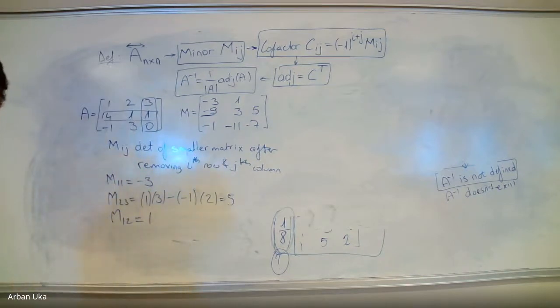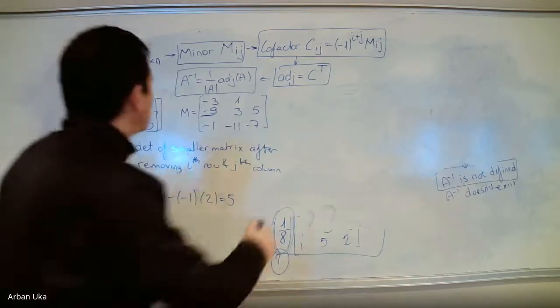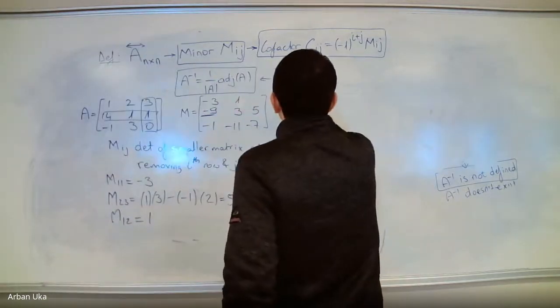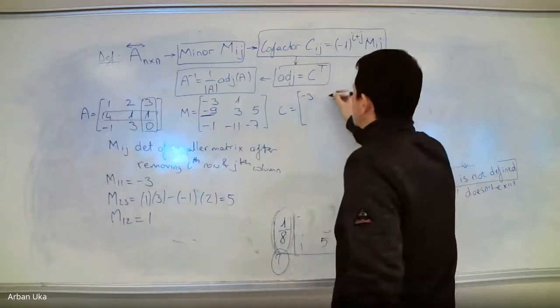Now, after the minors, we need to determine the cofactor. In order to get a cofactor, we multiply everywhere by plus and minus 1. So in this case, we just write here the C. This would be equal to minus 3, 1.